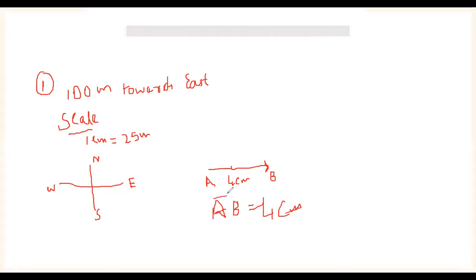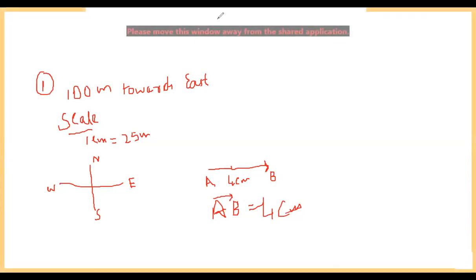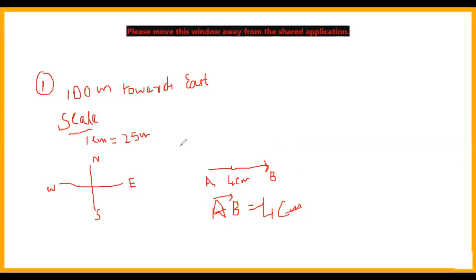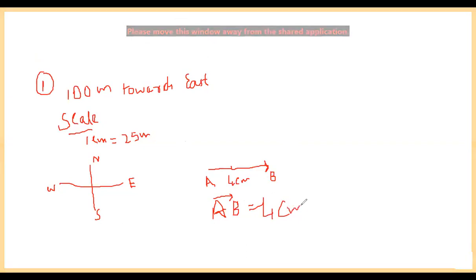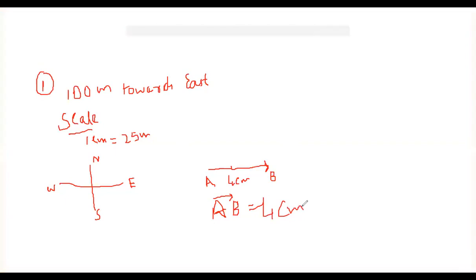So students, AB is a 4 cm line here, and the 4 cm line is a vector towards east.